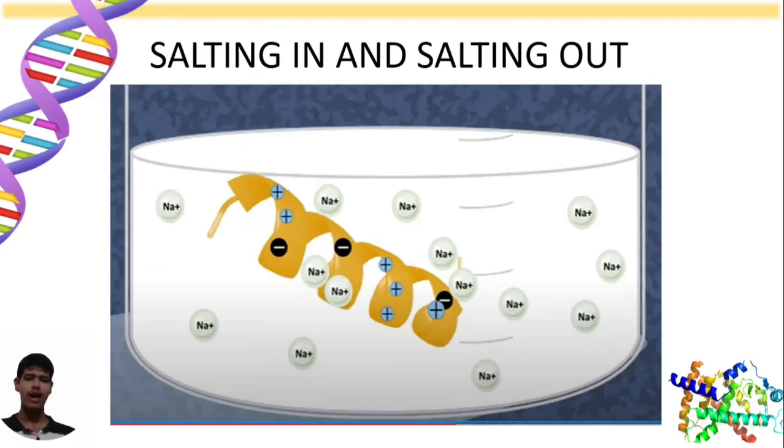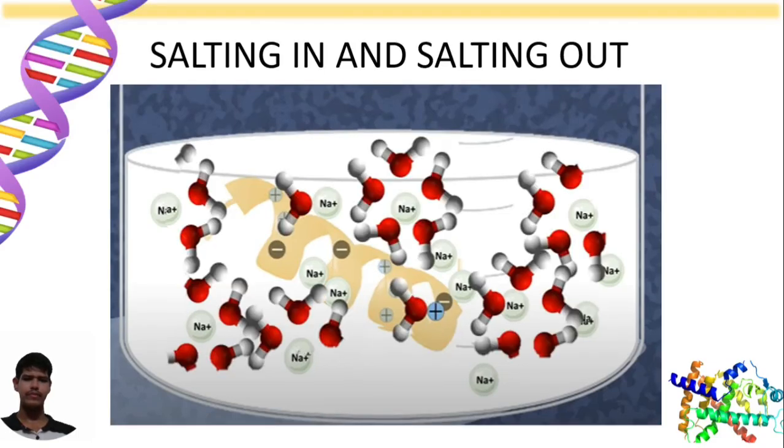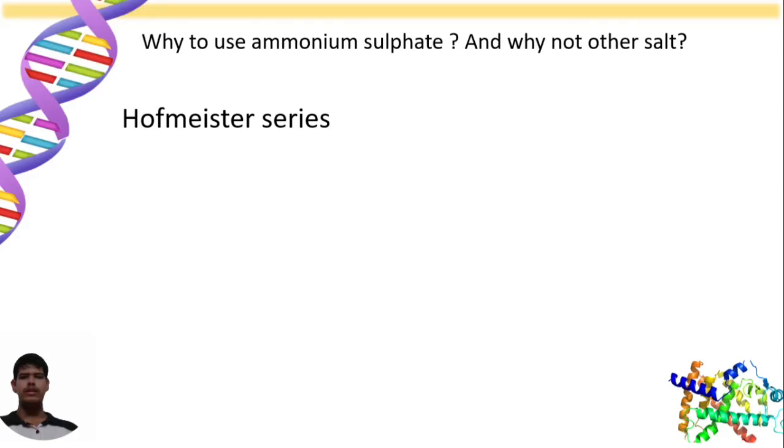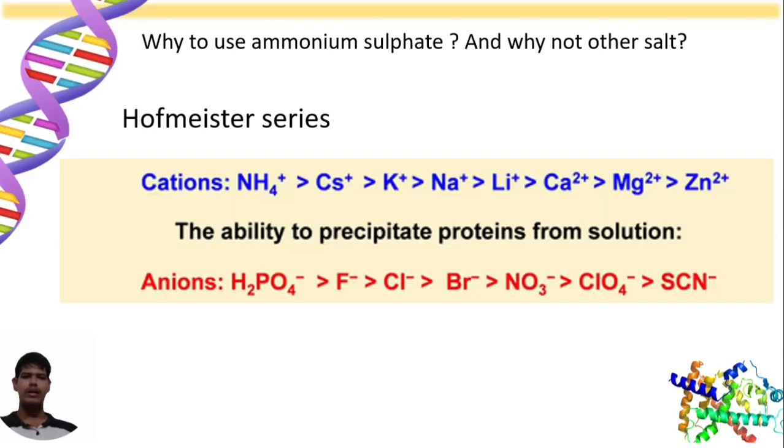What happens is that the high concentration of salt ions, instead of reacting with the protein, reacts with the water. Thus, no free water molecules are there, and thus the protein precipitates out. The ammonium sulfate is used because ammonia has a high ability to precipitate out proteins from the solution.